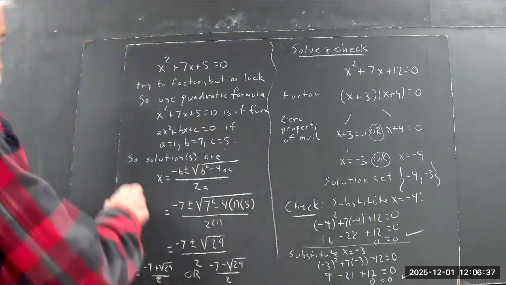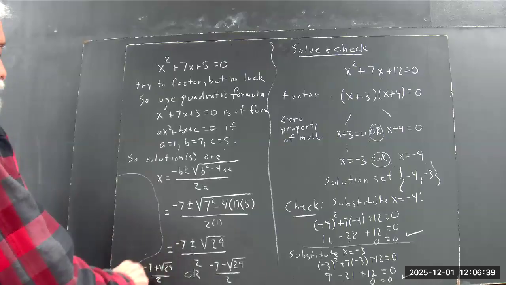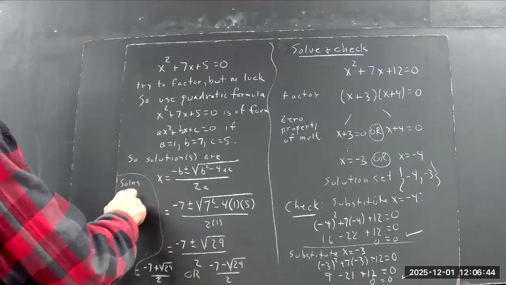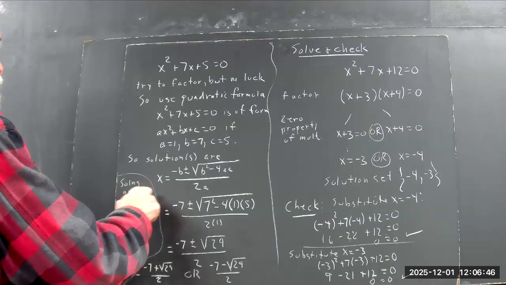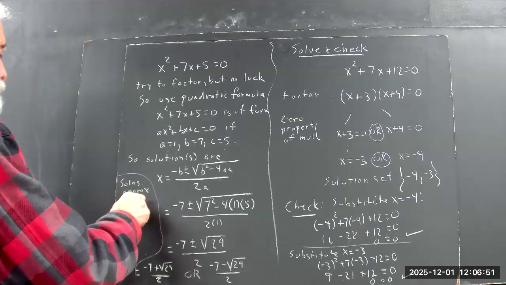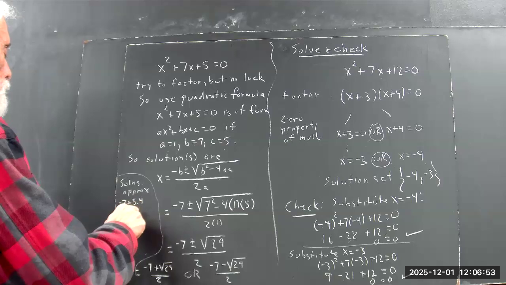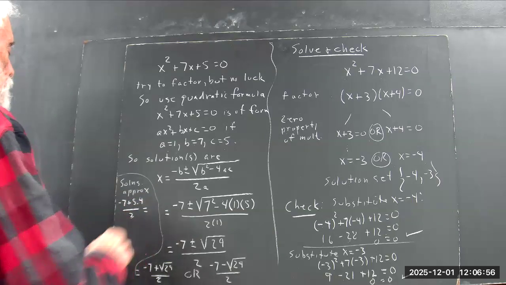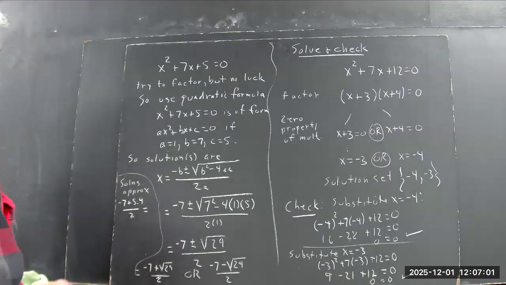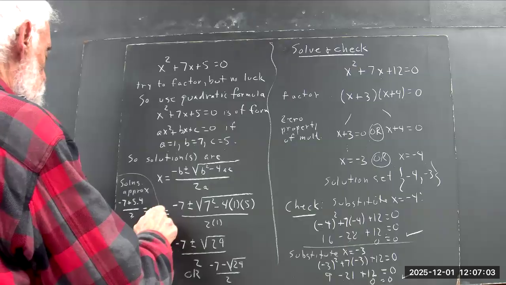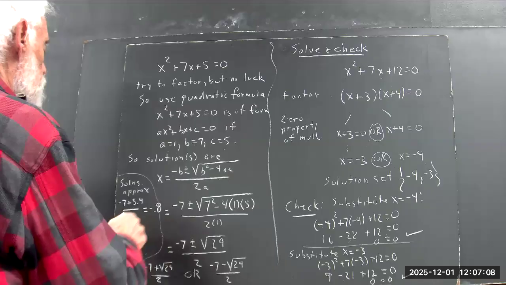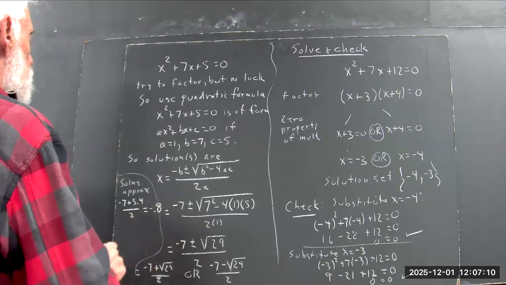So the approximate solutions are this: negative 7 plus 5.4 is negative 1.6, over 2, so one solution would be negative 0.8.